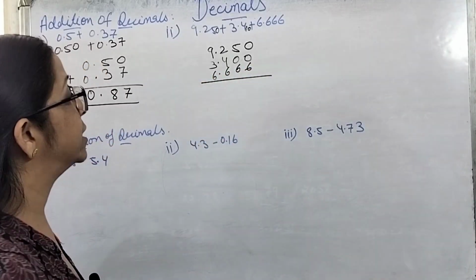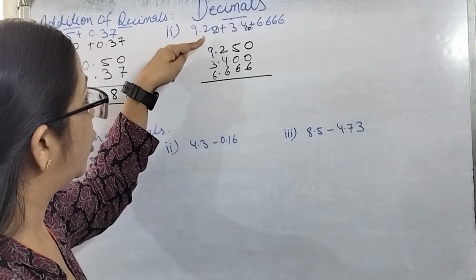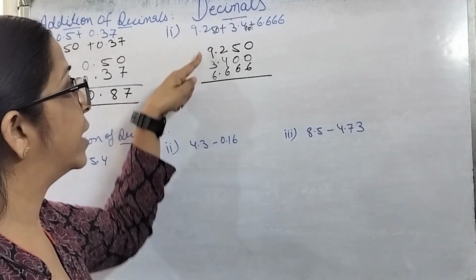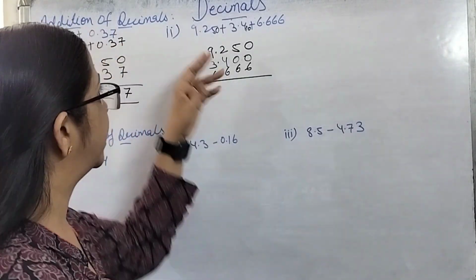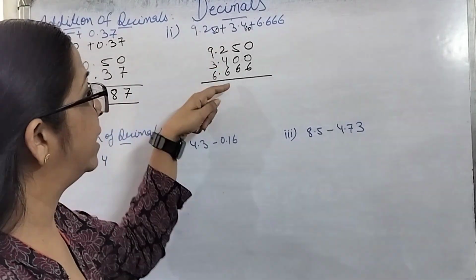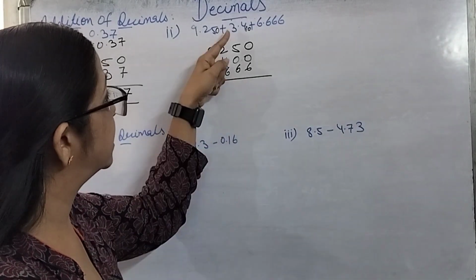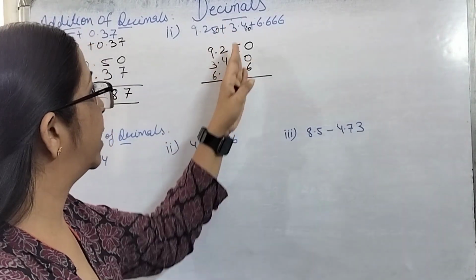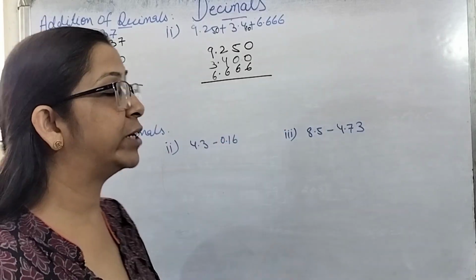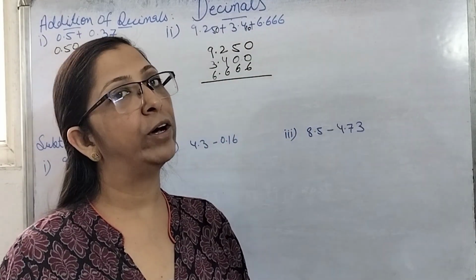So we have taken the decimals of all the numbers in a vertical line. The numbers 9, 3, 6 are at the units place, so they are one over the other. The numbers 2, 4, 6 are at the tenths place, so they are one over the other. The numbers 5, 0, 6 are at the hundredths place, so they are one over the other. Similarly, we have placed all digits of the same place value one over the other.